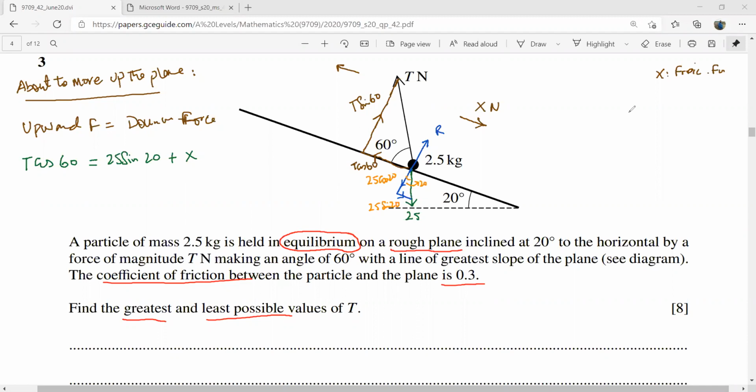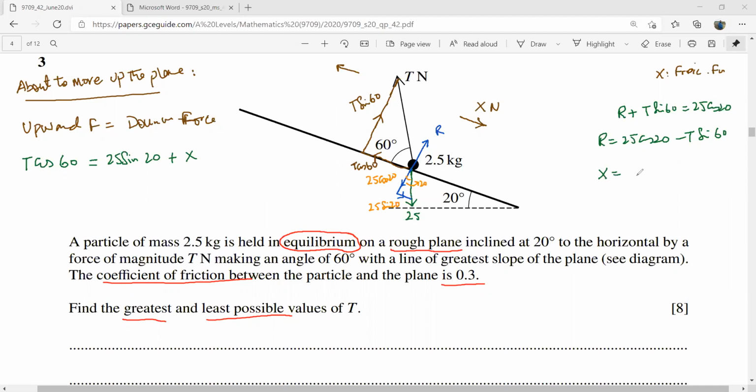Very good, because your R plus T sine 60 is equal to 25 cos 20 over here. So your R is going to be 25 cos 20 minus T sine 60. And from here we can find this x.